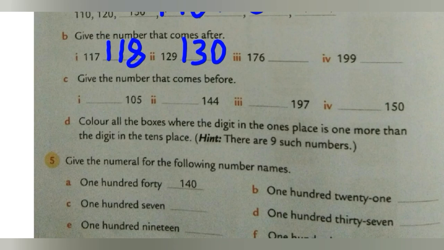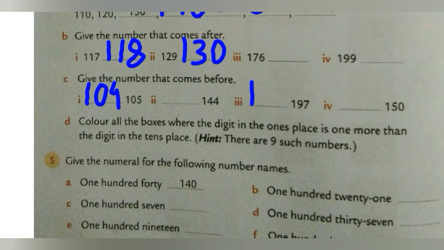Now give the number that comes before. What comes before 105? Now you have to write the number that comes before. So let the 100 place be same. Now in the tens place 0 is there, so we can write as it is. Now tell me, just check the ones place. 5. What will come before 5? Yes, 4. Okay, now let's do the third one. 100 place will remain the same. 1.